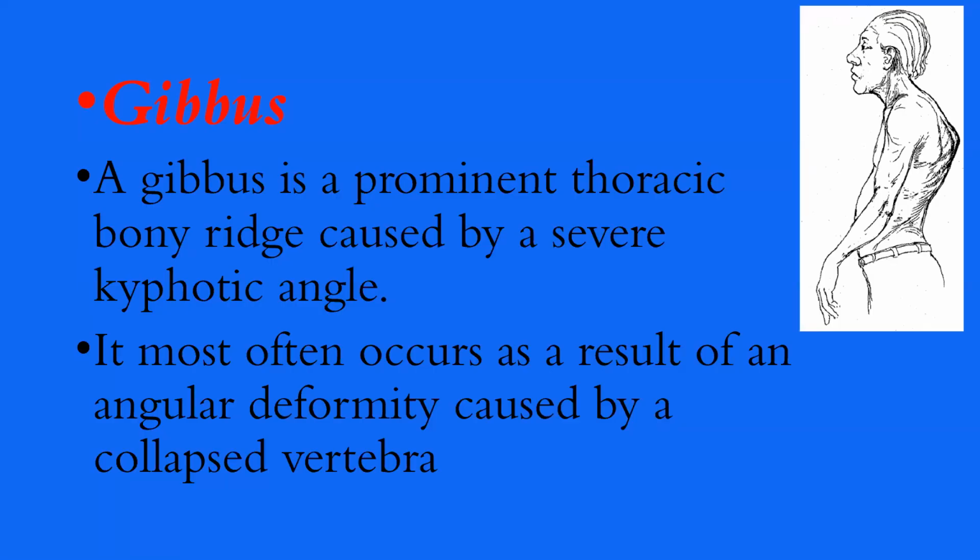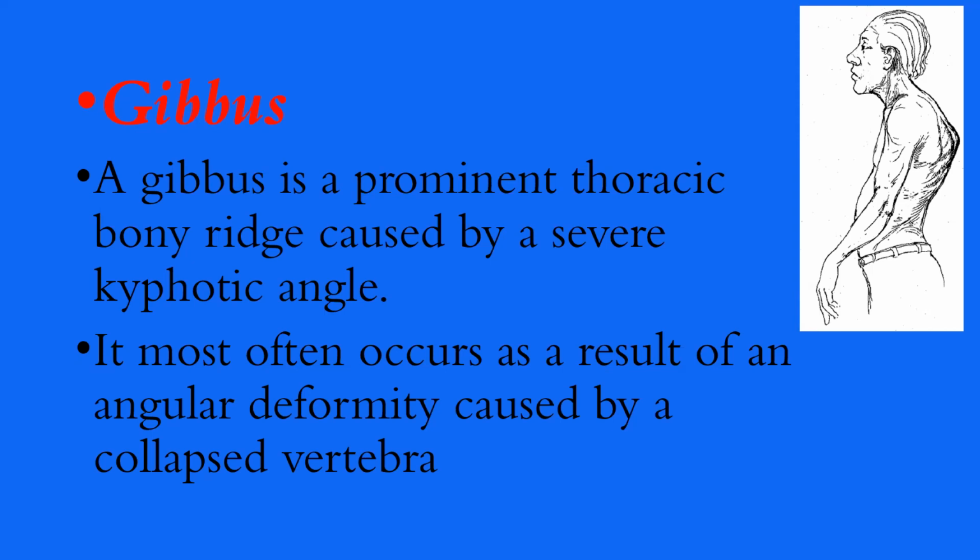What do we mean by gibbous? A gibbous is a prominent thoracic bony ridge. It's caused by a severe kyphotic angle.